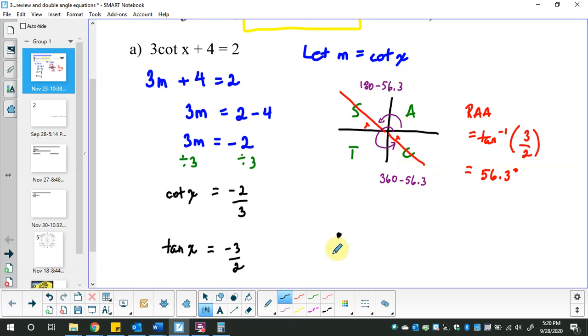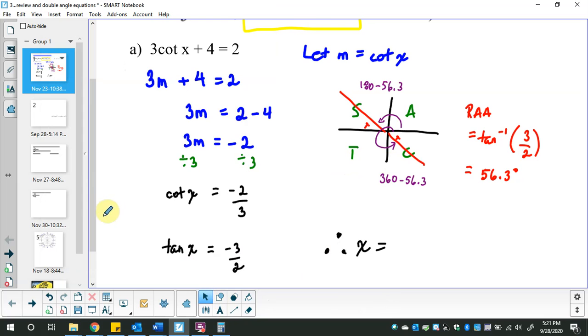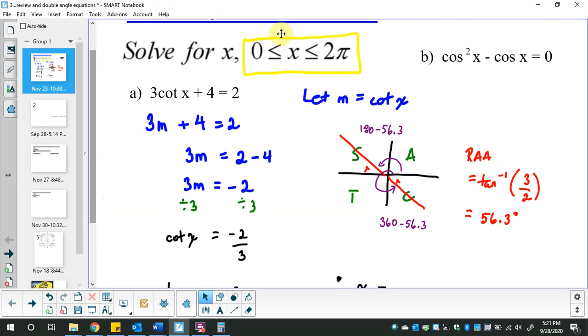So I'm going to come up with a therefore statement now for x. Oh good, my calculator is there. So 180 minus 56.3 degrees is 123.7 degrees. But we don't want our answers in degrees. We want our answers in radians.